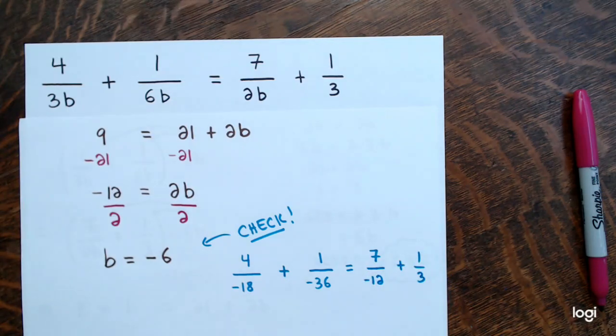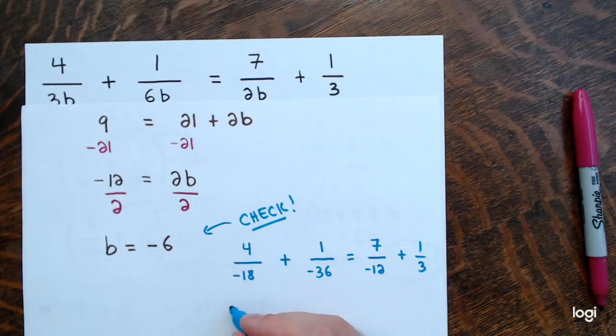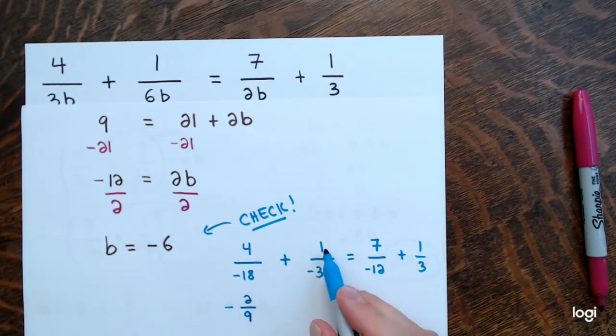All right, now let's see if these are indeed the same. I'll do some simplification. 4 and 18 have a common factor of 2. Right? 2 goes into that twice, and 18 9 times. So hopefully you can see, and this would be a negative number, right? Positive divided by negative. So this would be negative 2/9, and then plus another negative, right? Positive divided by negative.